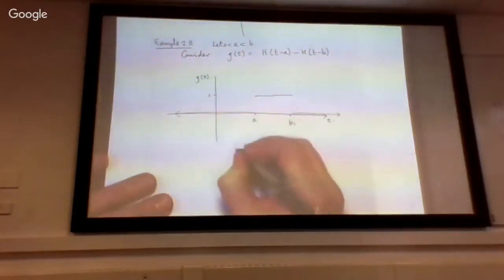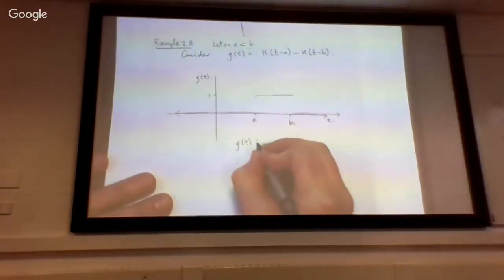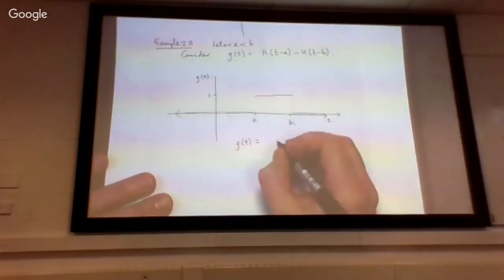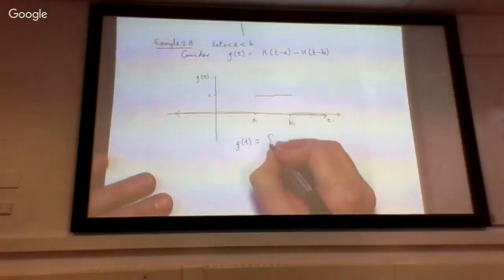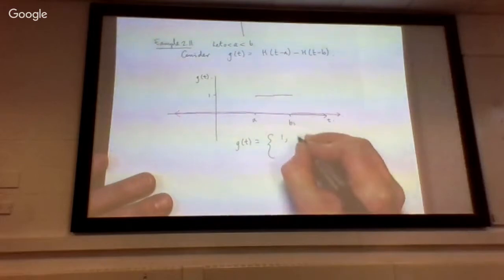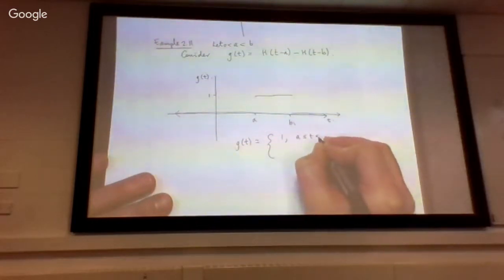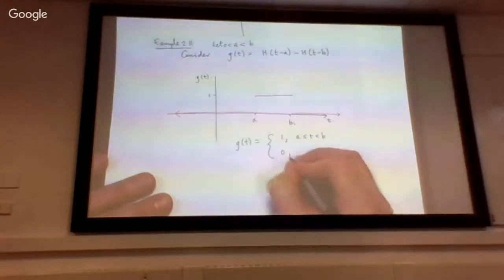So that's pretty much a proof. You're not losing anything by avoiding the formality of it. g of t is going to be 1 if a is less than or equal to t, and t is strictly less than b, and it's going to be 0 otherwise.